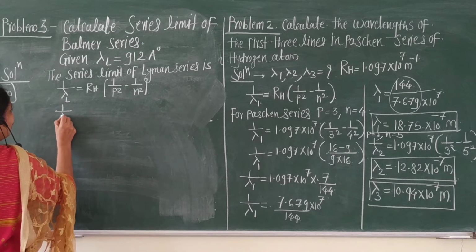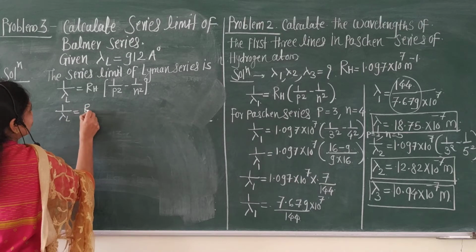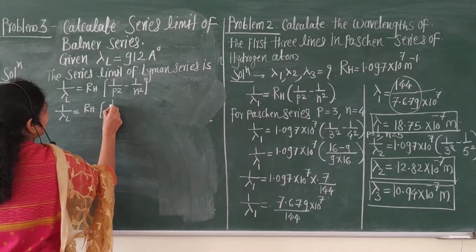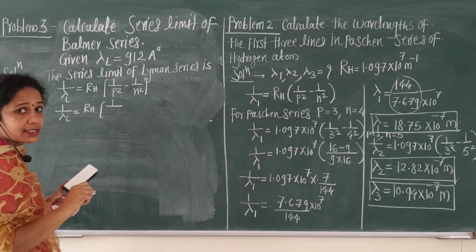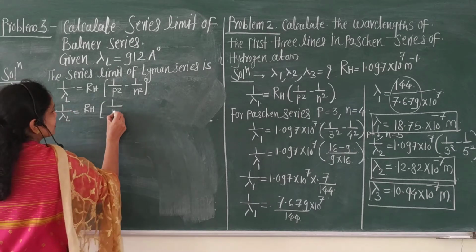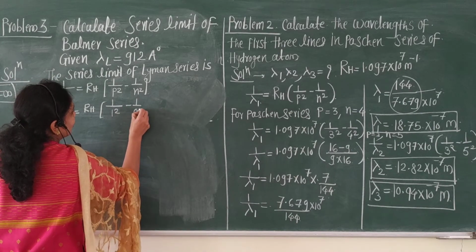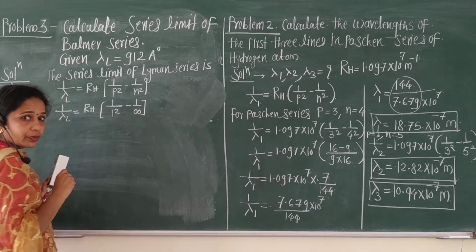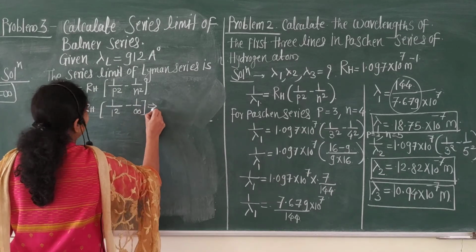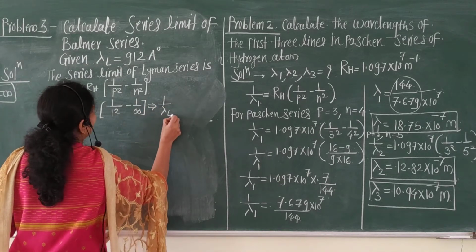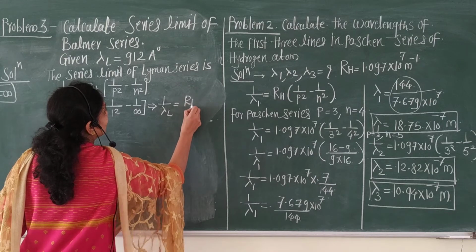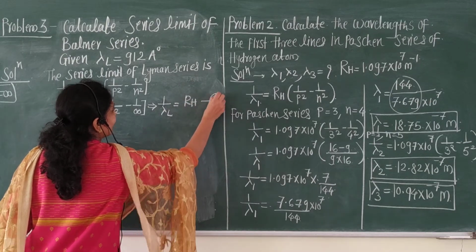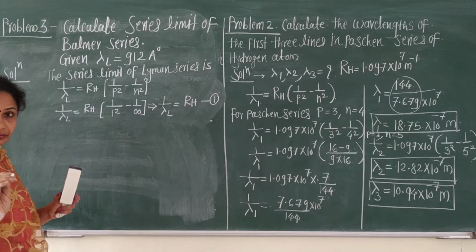Therefore, 1 upon lambda L is equal to RH into 1 upon 1 square, Lyman series being the first series, minus 1 upon infinity square. Therefore this implies that 1 upon lambda L is equal to RH, say equation number 1.